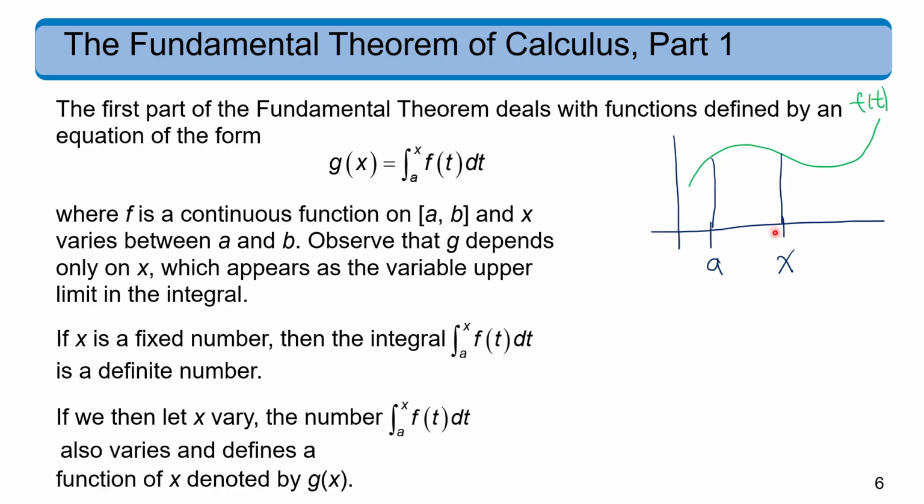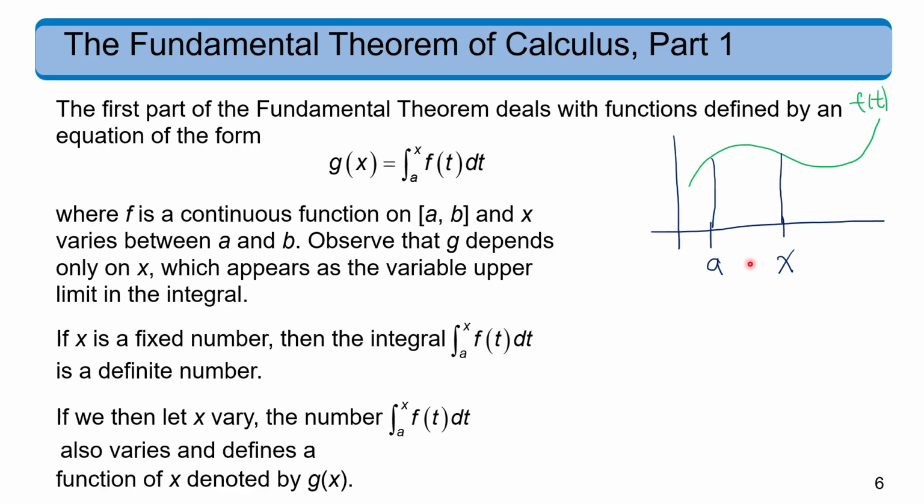But I could choose x to be farther to the right, and my area would now be all the way over to this new x. It would be a larger area in this case. And I could also choose x over to the left and have areas that way. And we discussed a property for how to deal with x being to the left of a.